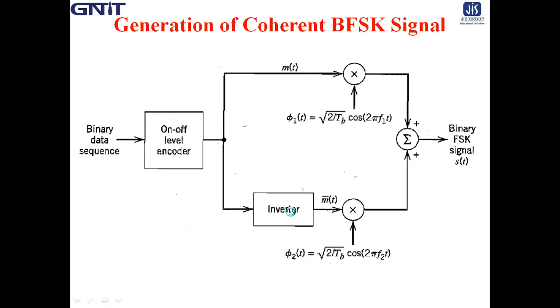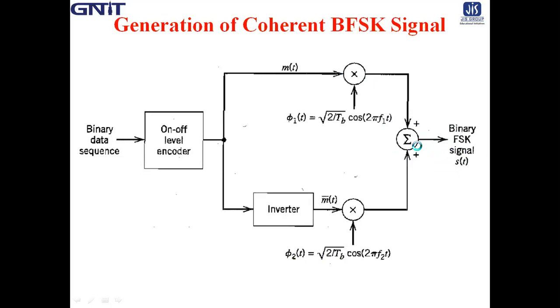So in the transmitter, we assume that the two oscillators are synchronized so that their outputs satisfy the requirement of the two orthonormal basis functions, say phi 1t and phi 2t. In that way, after adding these two signals, we can generate a BFSK signal.